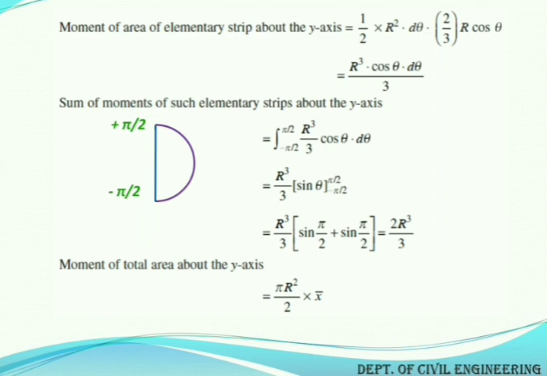Therefore we get the moment of that single triangle, with respect to the vertical axis which is our reference, as r cube cos theta d theta divided by 3. So it's a bit tedious process. Concentrate and understand. If you don't get this, today itself contact me.